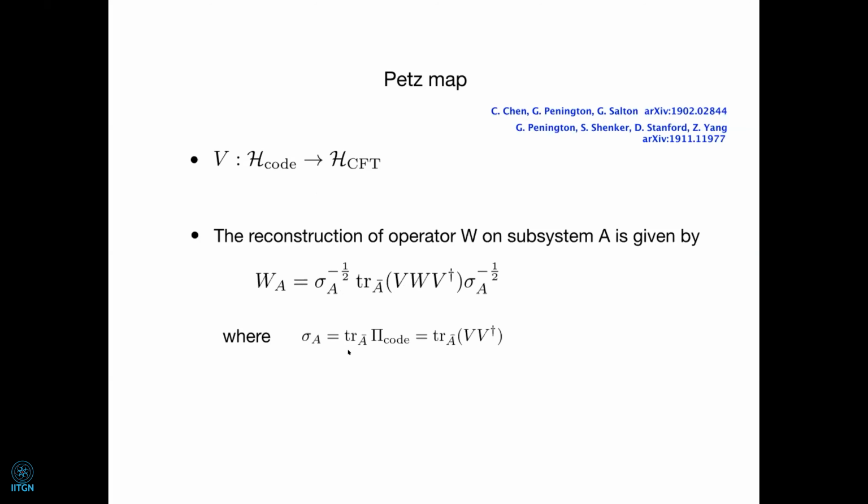What is sigma A? Pi code is the projection on the code subspace. Then again we trace out A bar, because each part only depends on A, since we only have access to subsystem A. The pi code in this case can be written as V times V dagger.